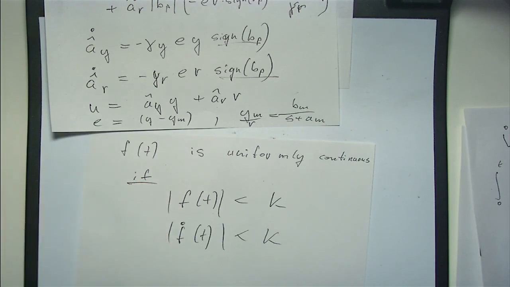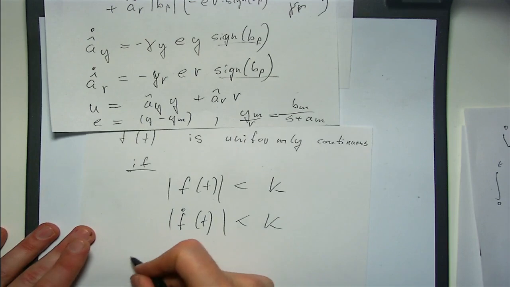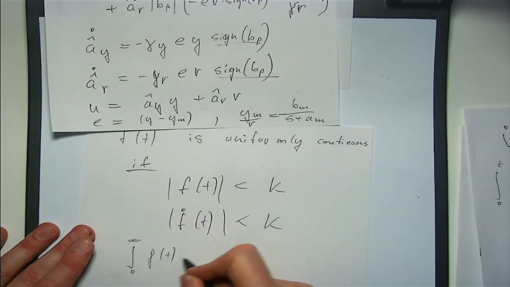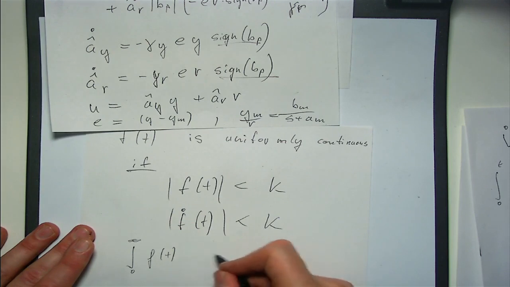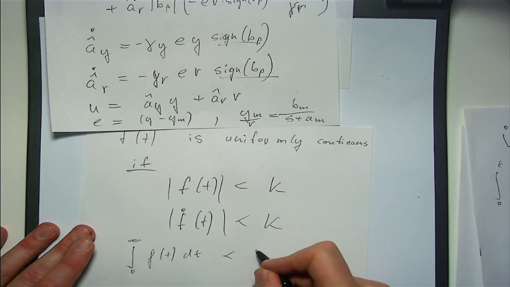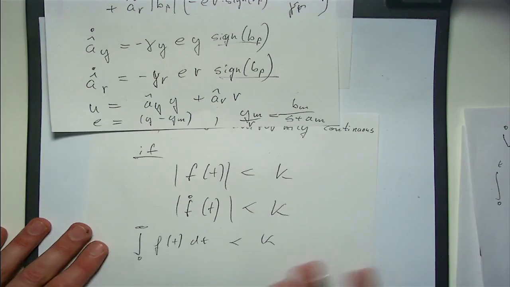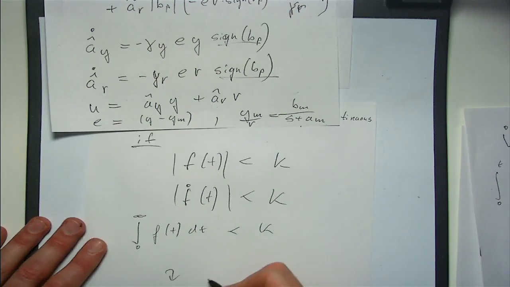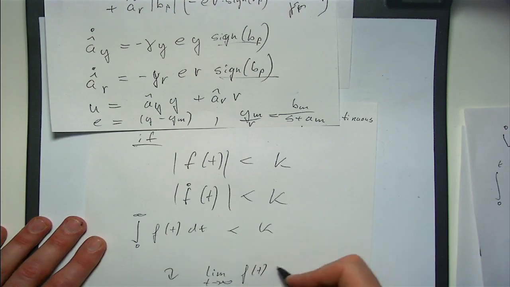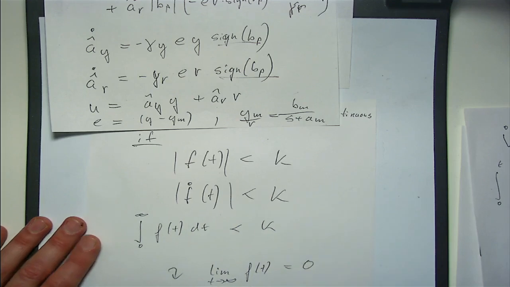And in this case, we definitely can also say, okay, good, the integral from 0 to infinity of f of t dt, if that is also bounded, and the k can be just large enough, hence the limit of f of t towards infinity goes to 0.